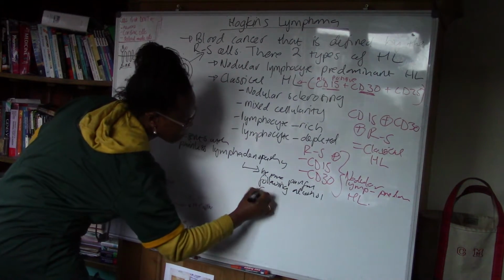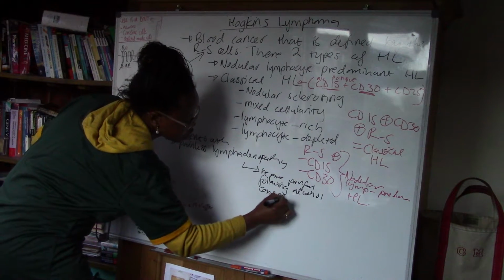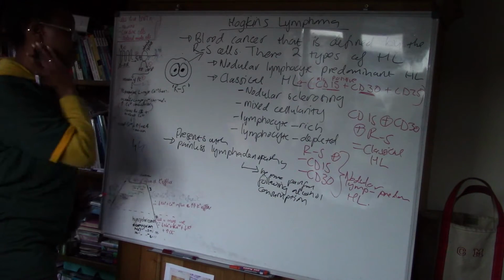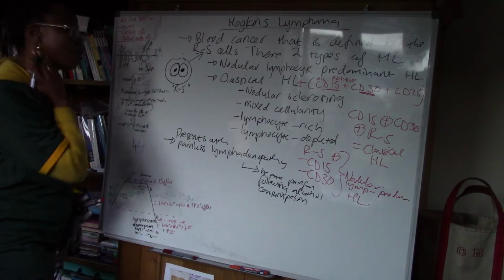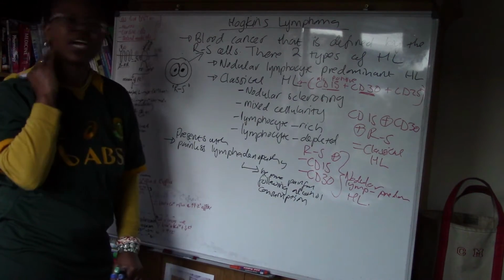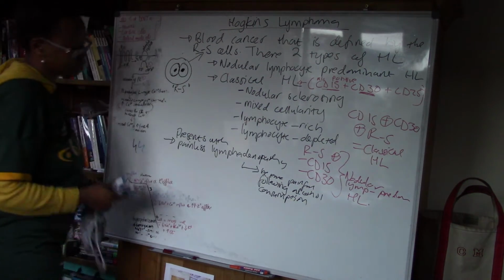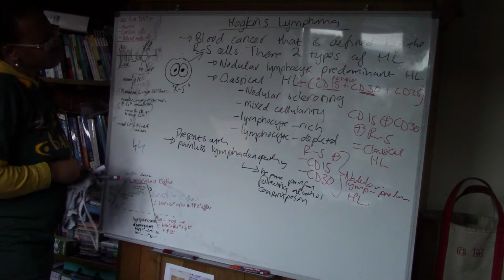So they will have a sharp pain on whatever lymph node is affected. Say if it's cervical, they will have that sharp pain on the cervical lymph nodes following the consumption of alcohol.